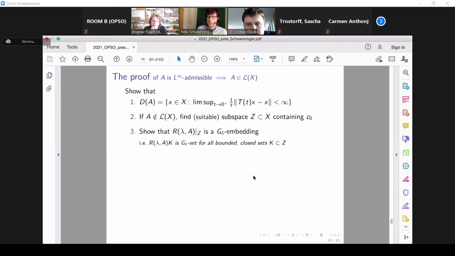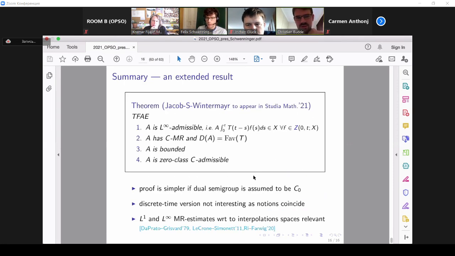I have also a question, if time allows. Yes, please, Christian. In the last theorem, you used in the second assertion that D(A) coincides with the Favard space. You know that this is always true when the underlying space is reflexive. Do you somehow need a converse of this, or do you need reflexivity?